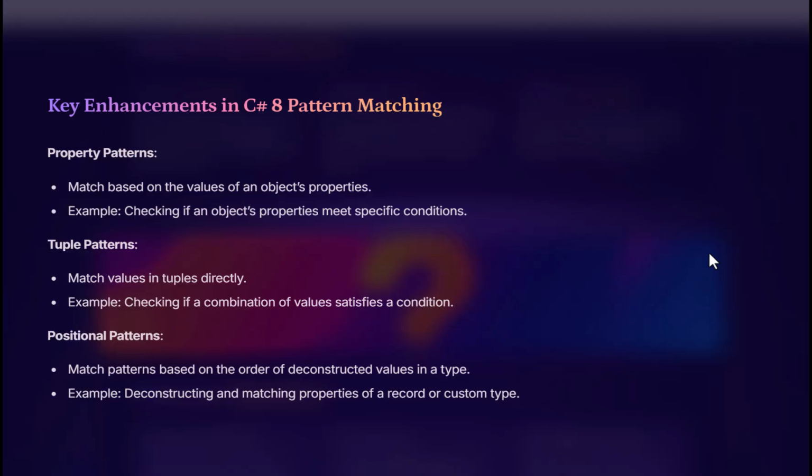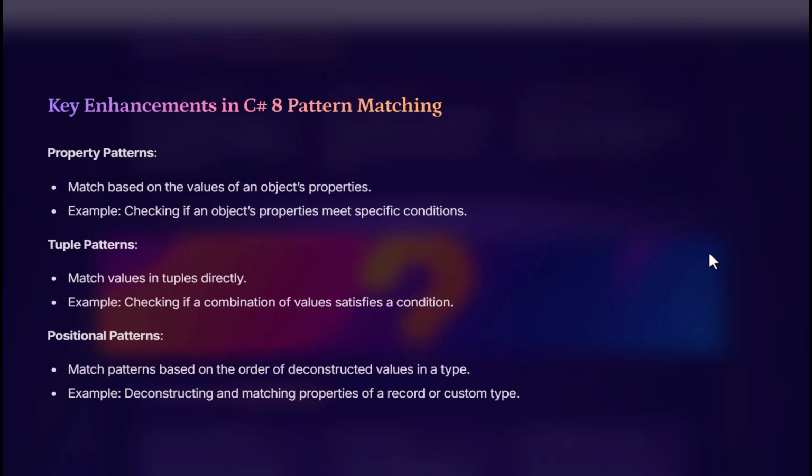So back here again, we explored the powerful pattern matching enhancements introduced in C# 8. As we learned together, the property pattern, which works by matching objects based on their properties, tuple matching, which evaluates multiple values for more precise logic, and the last one, the positional pattern, deconstructing an object to match a specific shape or configuration.